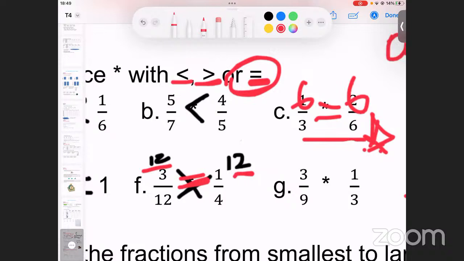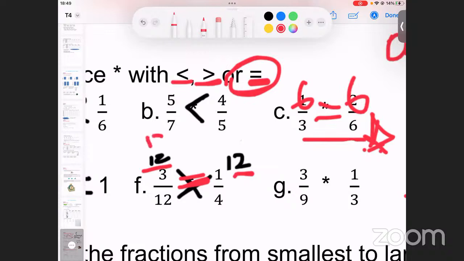So what you're supposed to do here, since you're not allowed to use your calculator, you're going to cross multiply. You're going to use Bohlali's way of checking which one is bigger than the other one. When you're cross multiplying, you're going to have 3 multiplying with 4 and 12 multiplying with 1, which is 12 and 12 for both. So if it's 12 and 12, that means they are equal.